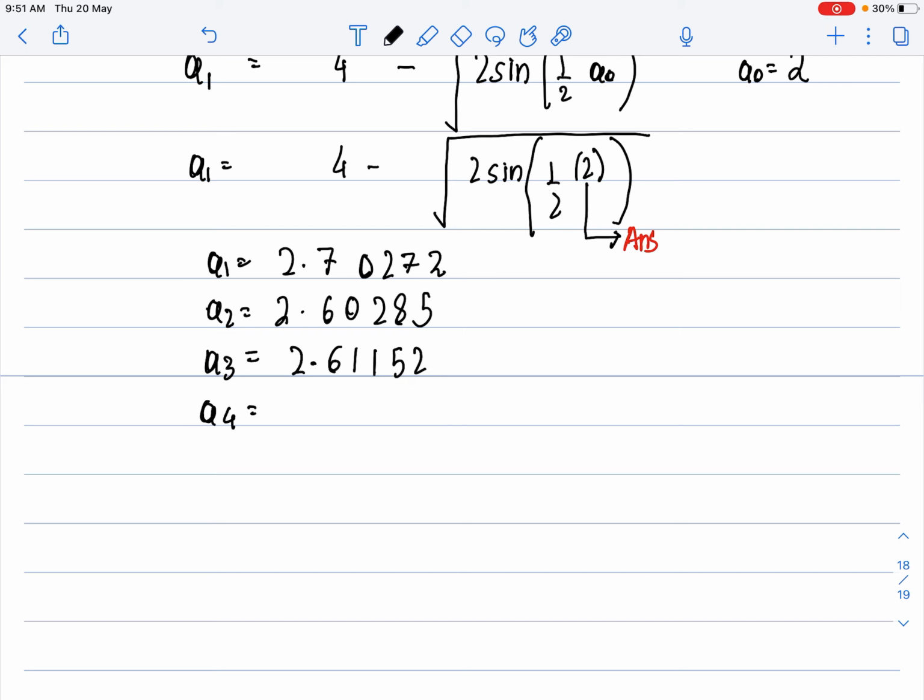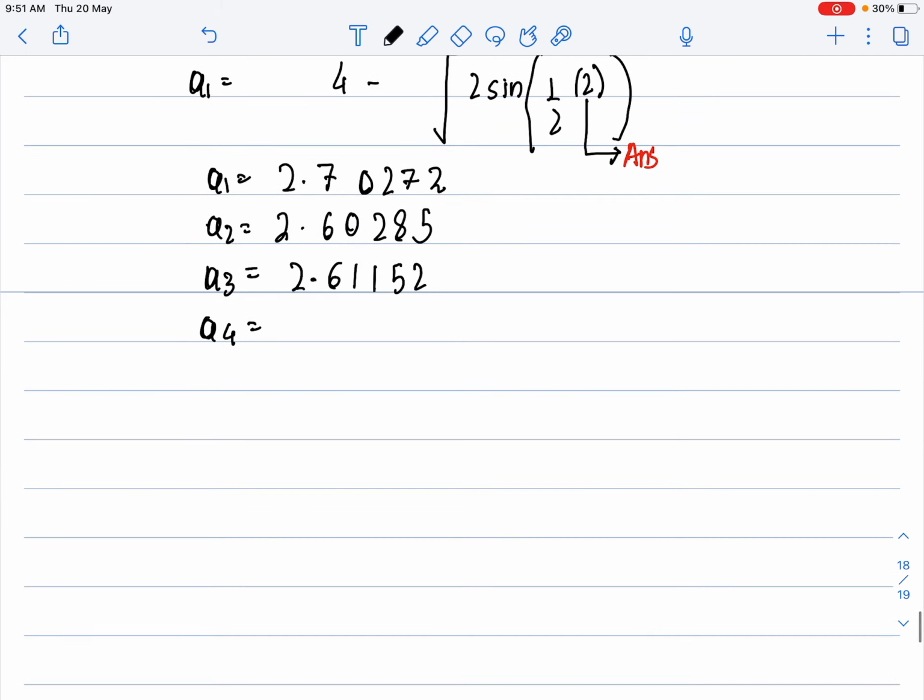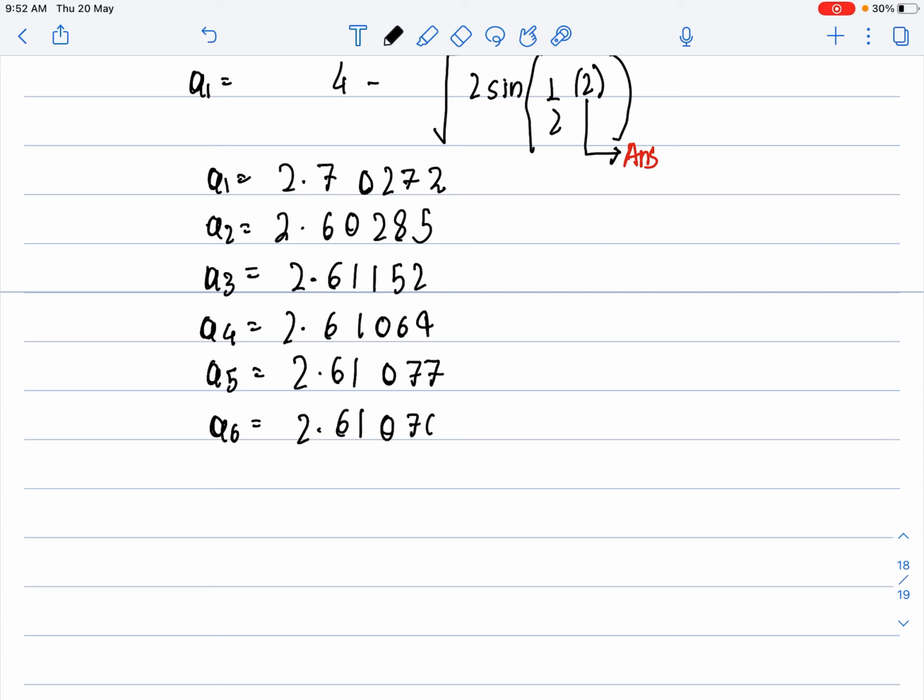Now for a4, click on equal to to get 2.61069. Now for a5, click again on equal to to get 2.61077. Now click on equal to again to get a6 as 2.61076.